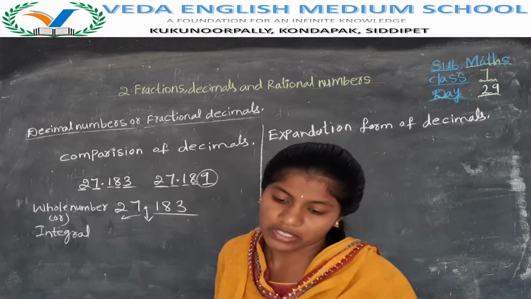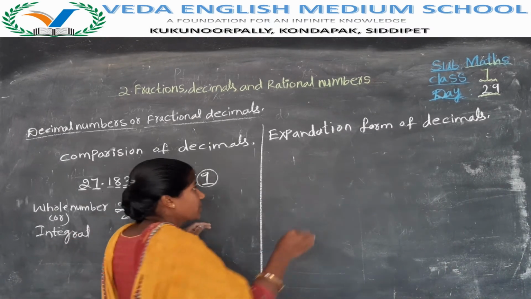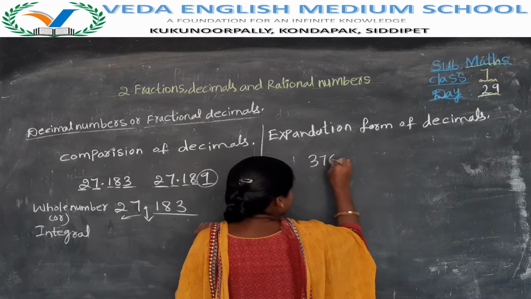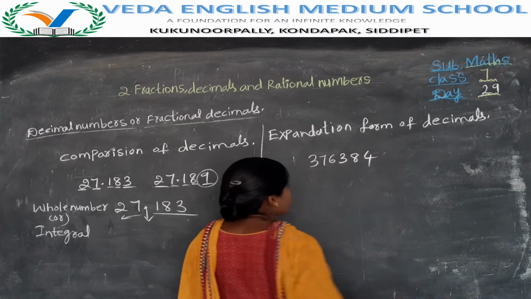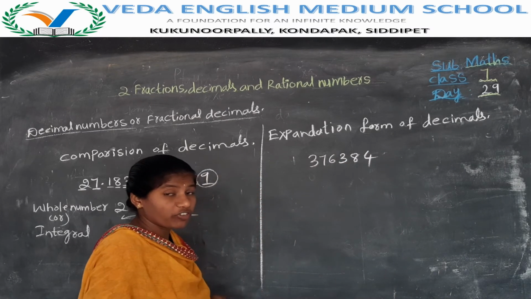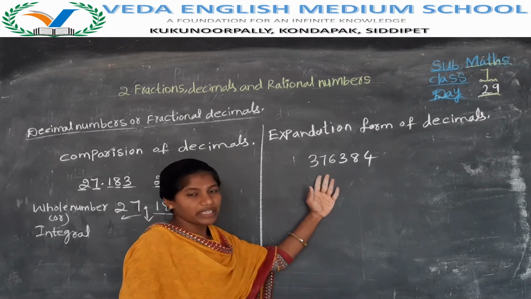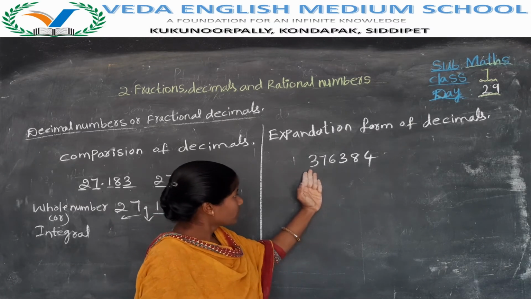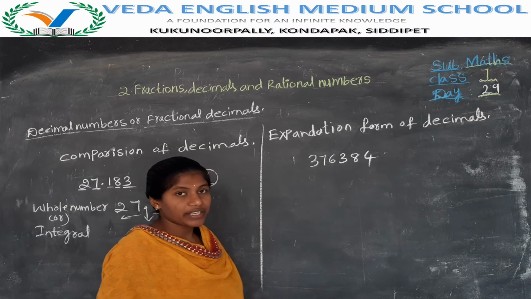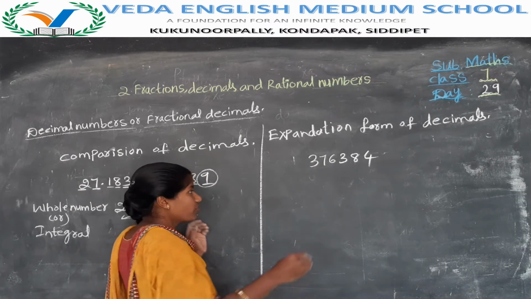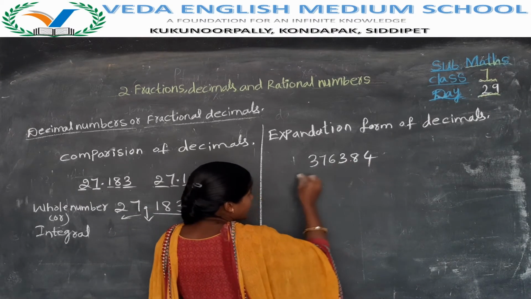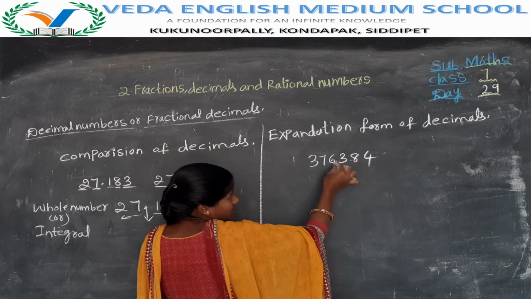Expanded form of decimals. Now I am writing one number here. Can you write the expanded form for this number? It is a normal number, not a decimal number. 3,76,384. What is the expanded form of 3,76,384? Ones, tens, hundreds, thousands, ten thousands, lakhs.